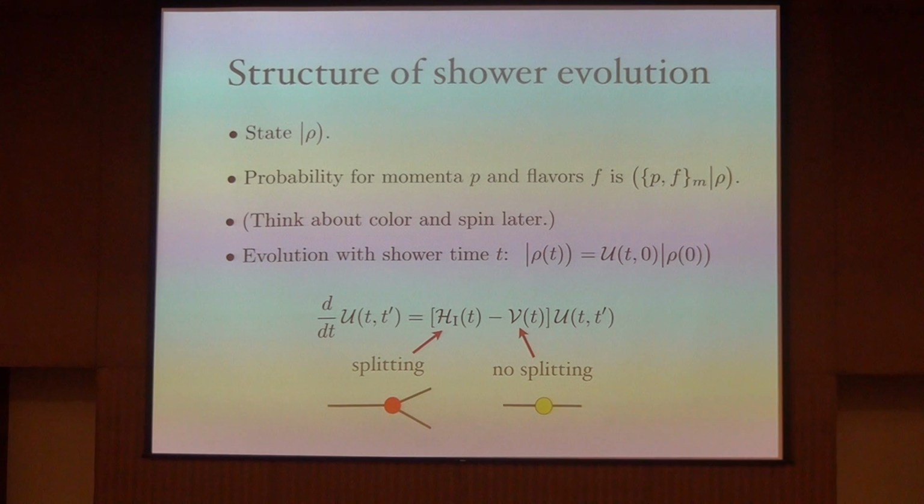And if we just have momenta and flavors, then our state is the inner product with the list of momenta and flavors, that's a list of all the momenta and flavors. That's the probability that that state would be discovered to contain a lot of partons with momentum P1, P2, P3, etc. and flavors up, anti-up, blue, whatever. So rho is representing a probability distribution.